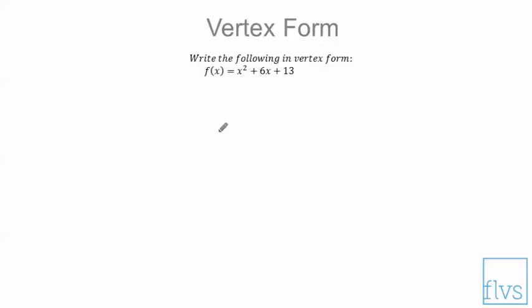Okay, then you're going to be asked to write the following in vertex form. So in order to do this, you have to do what's called completing the square. You probably did this in Algebra 2, definitely in Algebra 1. So what we're going to do to complete the square, I'm just going to rewrite it without the f of x part for now.